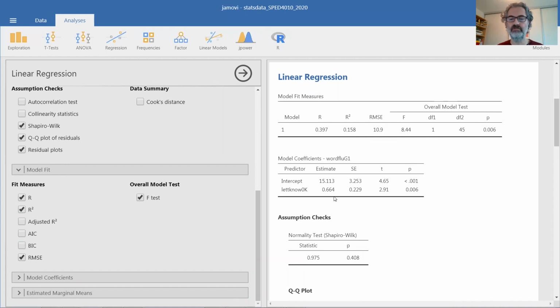And moving into the results for the specific predictor, letter knowledge, we see that its slope is 0.664, and this is statistically significant.